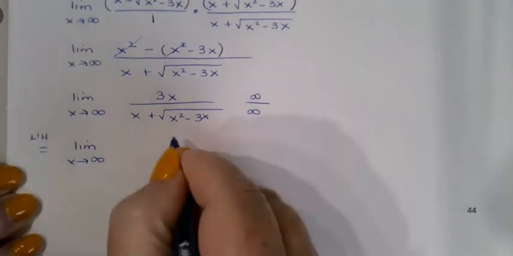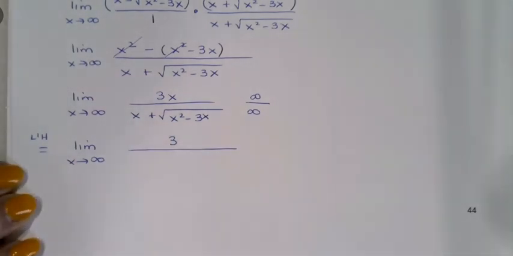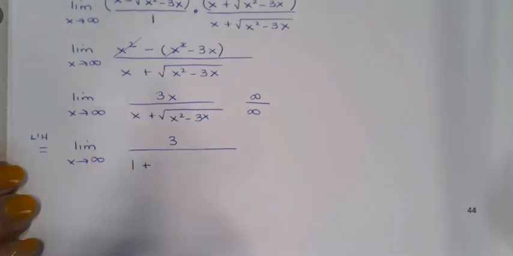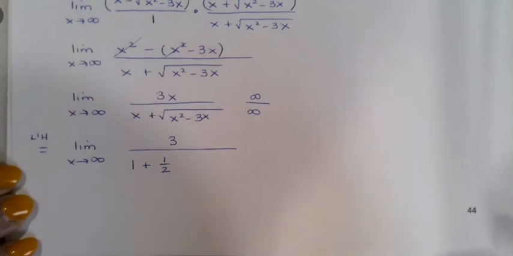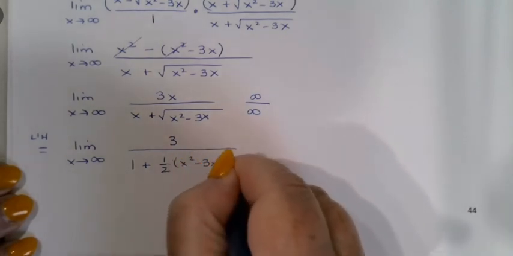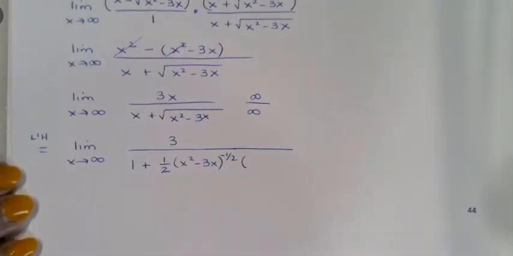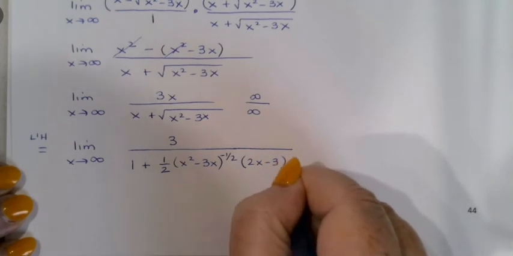The derivative of the top is just 3. On the bottom, I would have 1 plus, and this is a little bit ugly, 1/2 times x squared minus 3x to the negative 1/2. And then a chain rule, 2x minus 3.